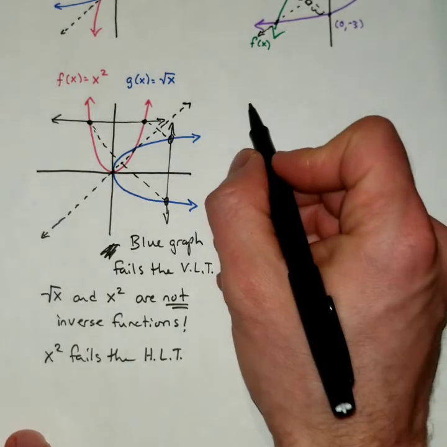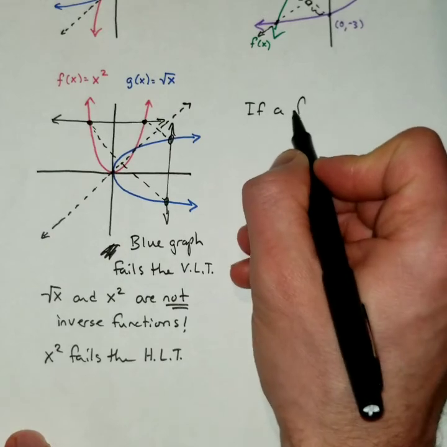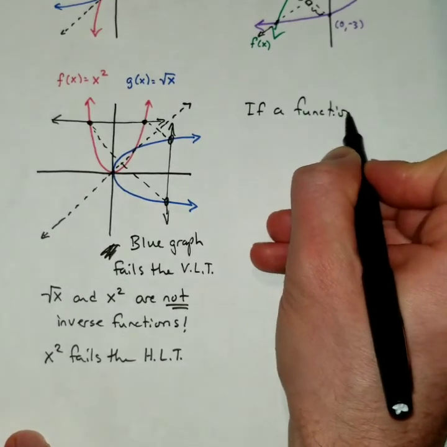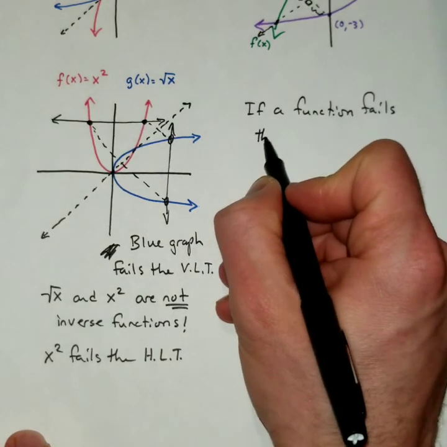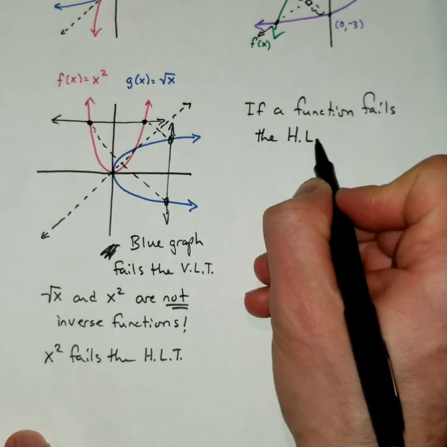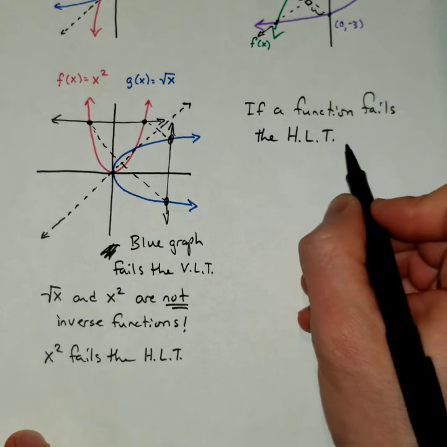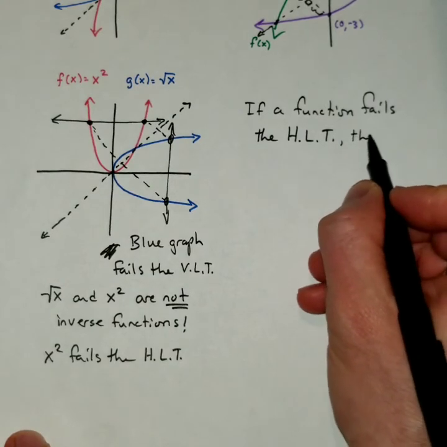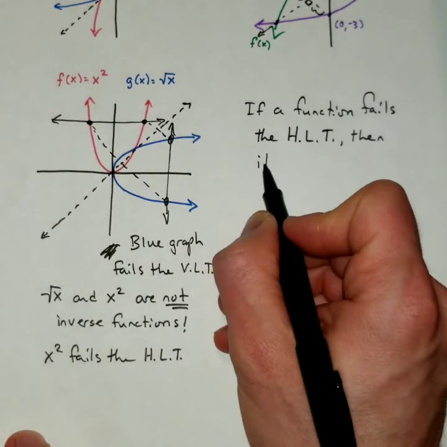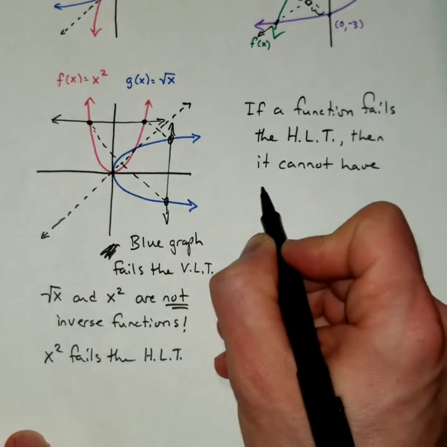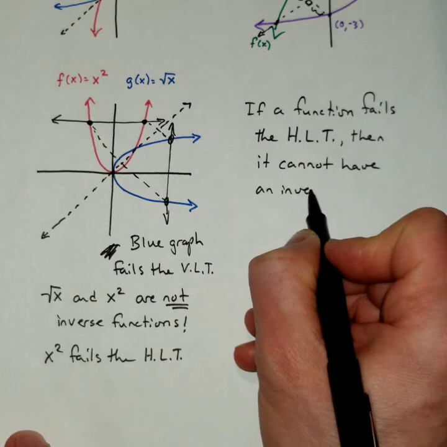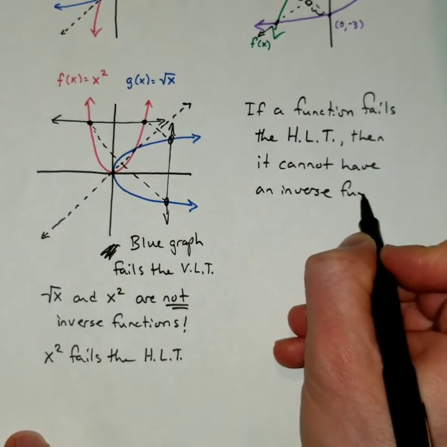So as a general rule, if a function fails the horizontal line test, then it cannot have an inverse function.